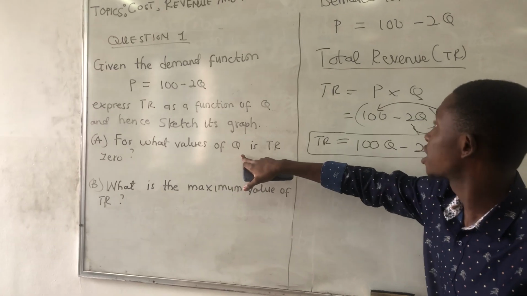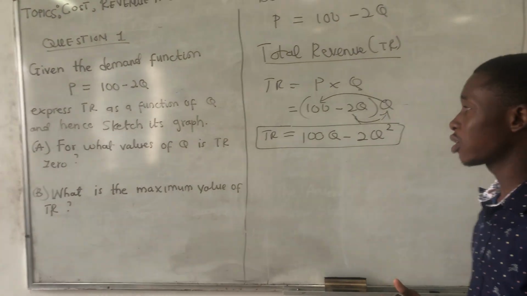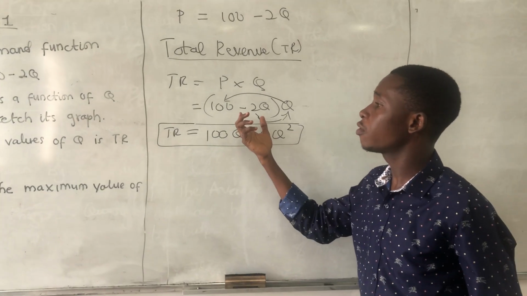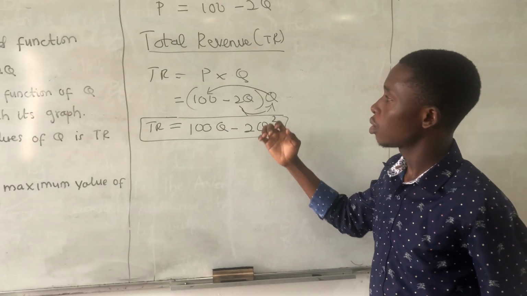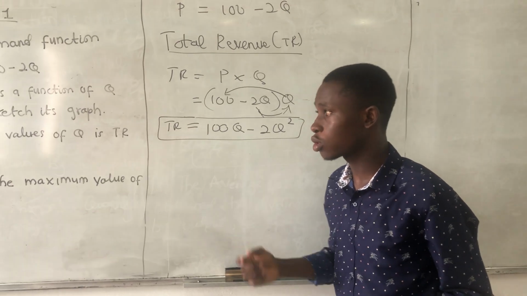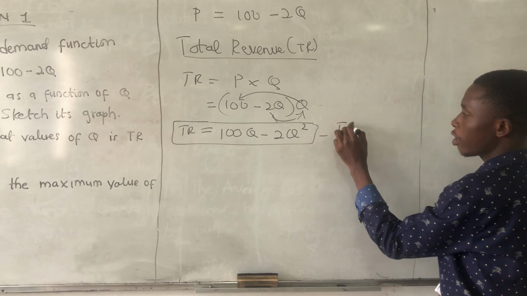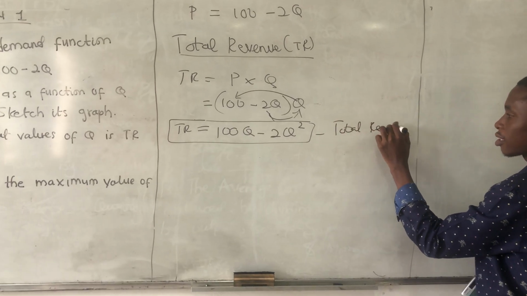For what values of Q is total revenue 0? With this total revenue function, how are we going to identify that? It is going to give us values of Q. So this is the actual total revenue function.